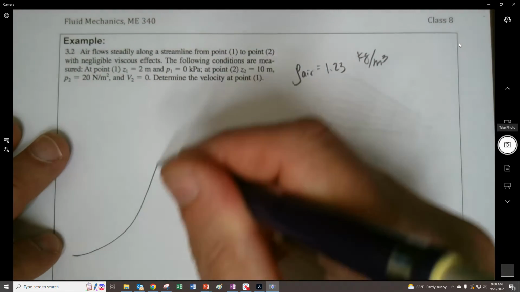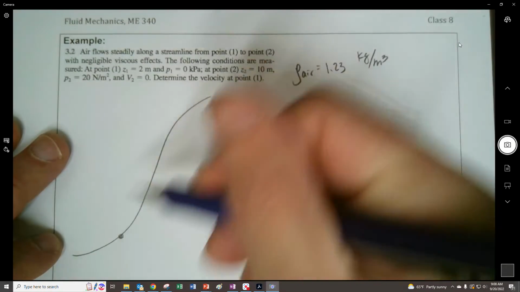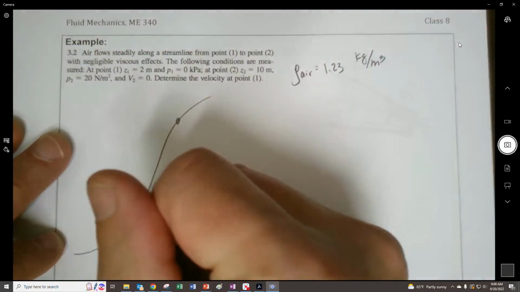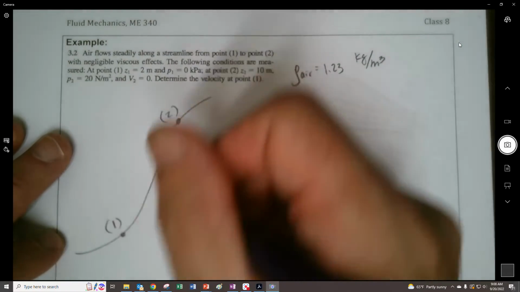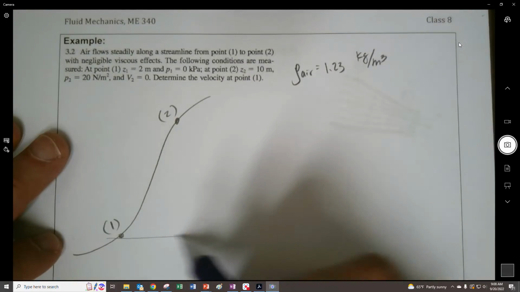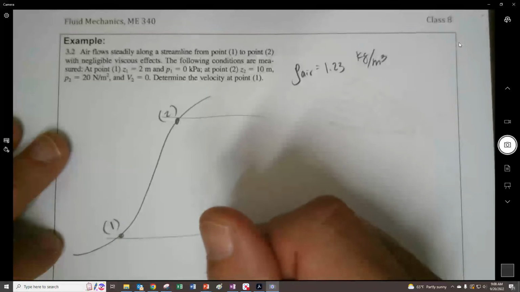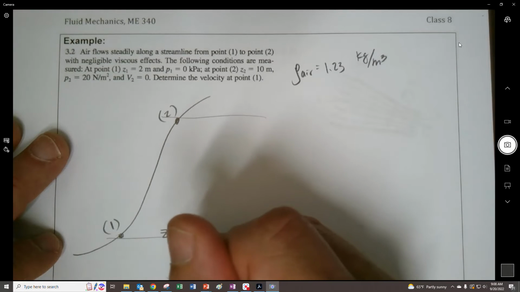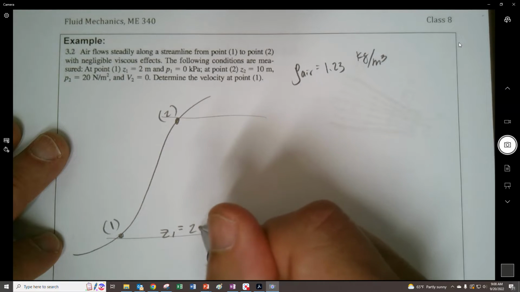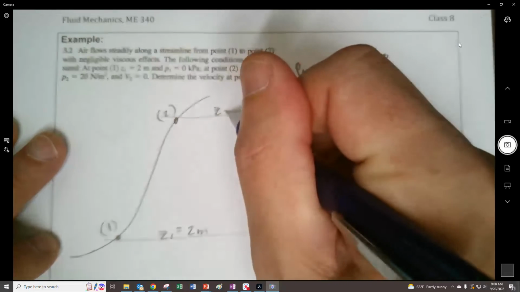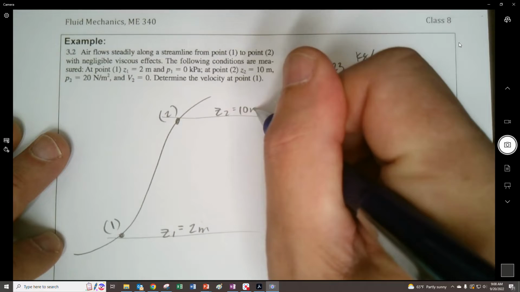I like to draw a little figure to try to tell a story. I think it's an effective way to try to solve a problem. So we can see right there, this is along a streamline, and we have two different heights. We could say that Z1 is equal to 2 meters, whereas Z2 is equal to 10 meters.